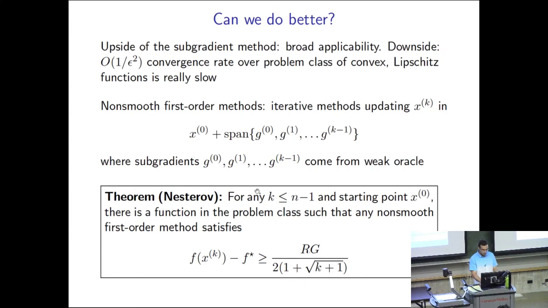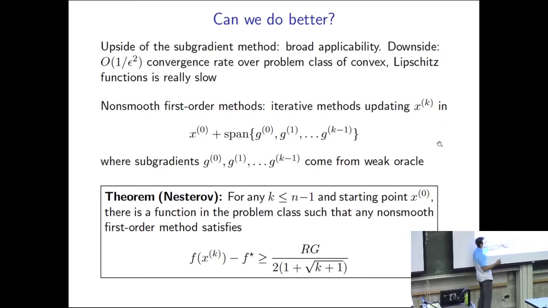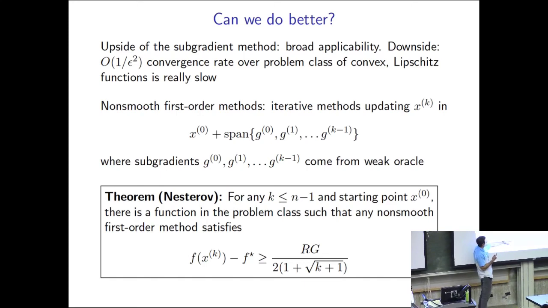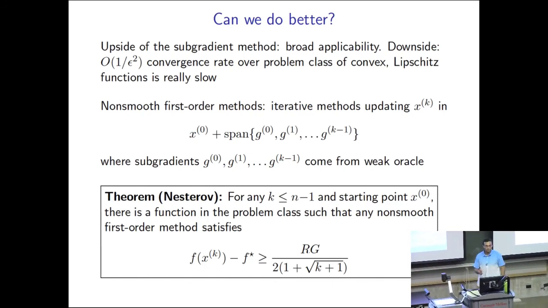This theorem of Nesterov, a very nice theorem, says that essentially for any algorithm in this problem class, these non-smooth first-order methods, there is an instantiation of a function f that is convex and Lipschitz, such that your algorithm, after k iterations, will have an optimality gap that's lower bounded by something over square root of k.